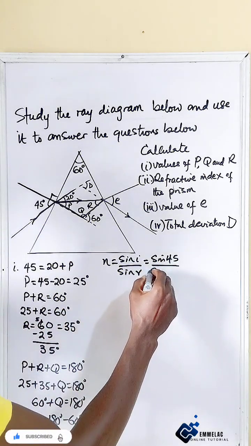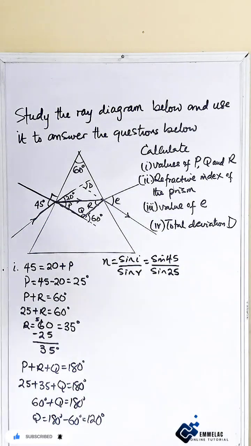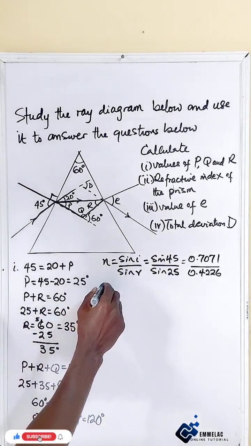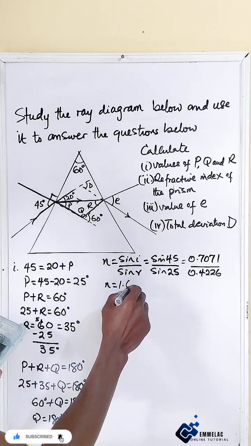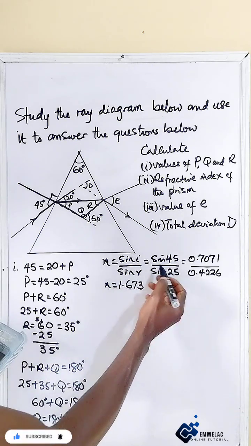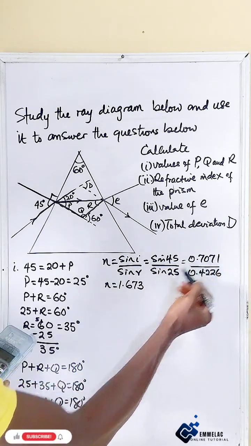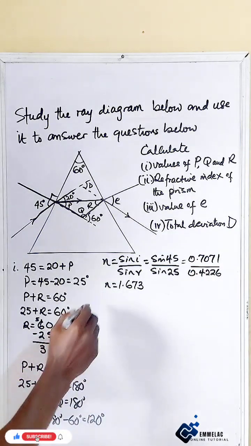That'll be sine 25. Now punching our calculator, we have that N, the refractive index of the prism, is 1.673, after dividing sine 45 by sine 25.